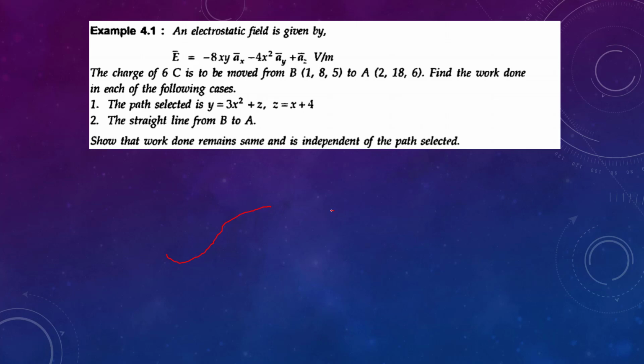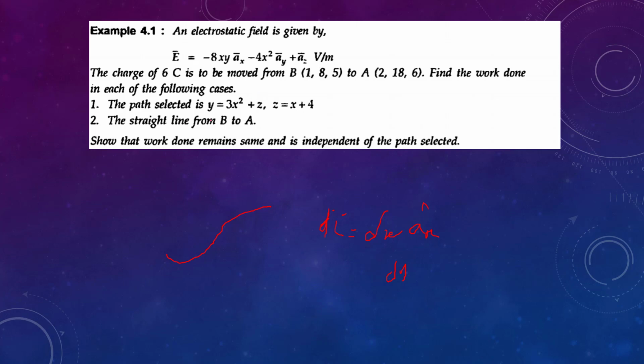In the earlier example, we have seen only dl bar directly, and we have considered for that dl bar, dx ax or dy ay whenever necessary, because there was only change in x or only change in y.